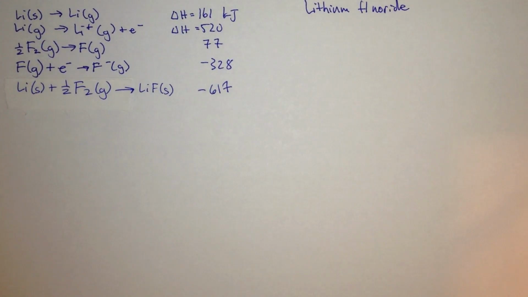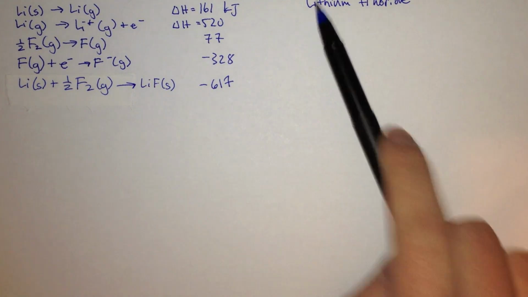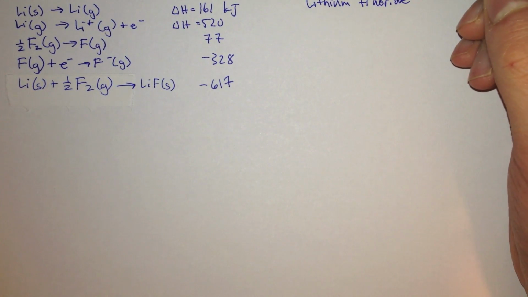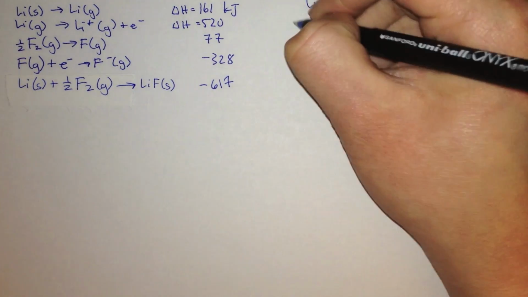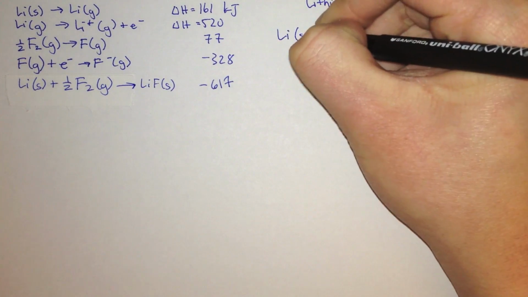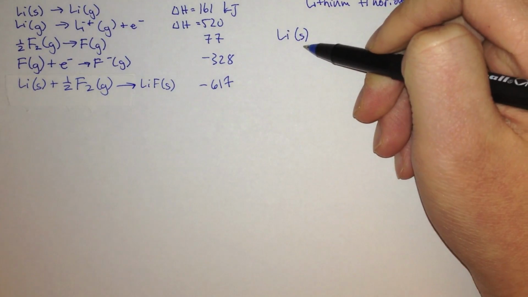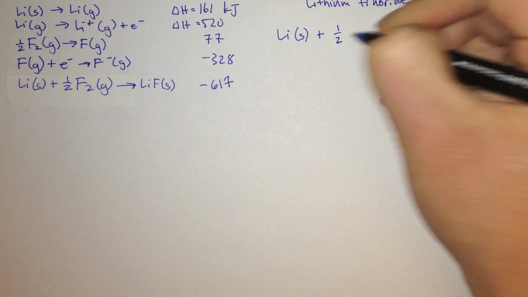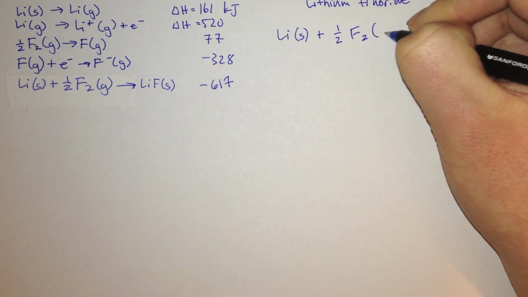Let's take a look at a different problem. Another reaction that we can look at is the formation of lithium fluoride. So let's write an equation for this reaction. Lithium comes to us at room temperature as a solid, and we add some fluorine gas.